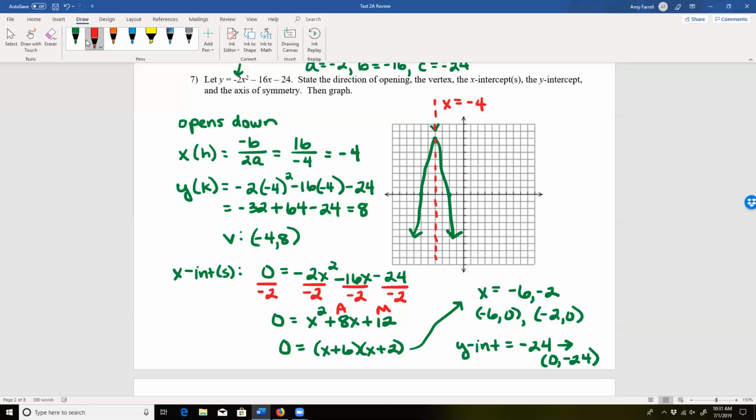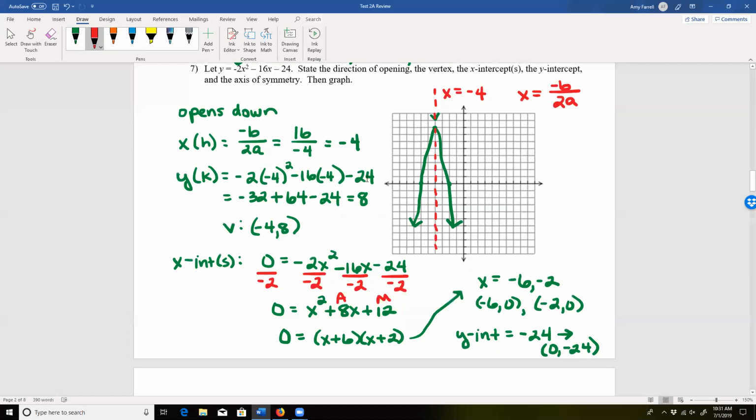Don't just say -4. Vertical lines start with x equals. Notice -4 is the same as the x coordinate of the vertex, or the h. So our axis of symmetry has the equation x equals -b over 2a. So we can see that's the line about which the parabola is symmetric.